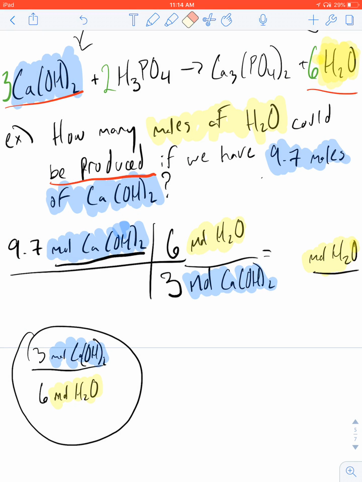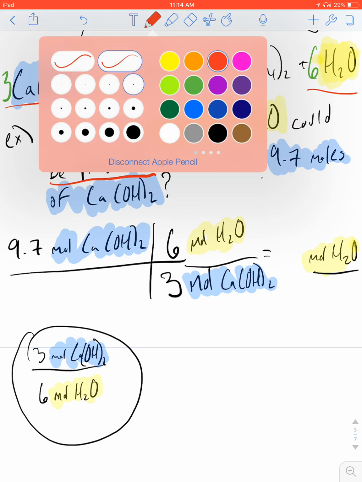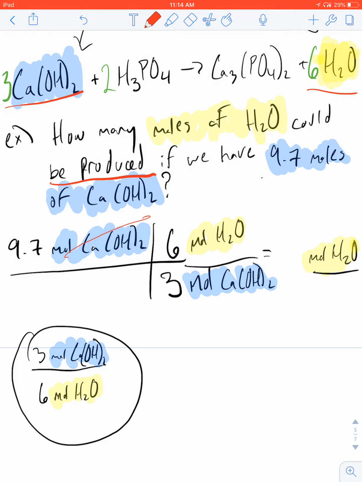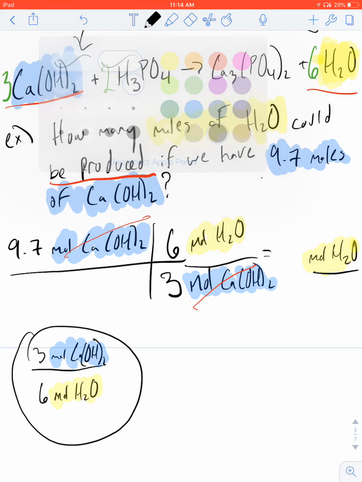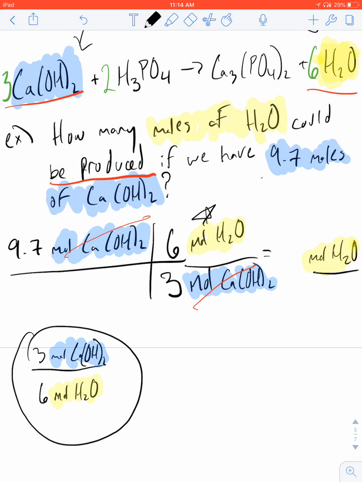So we look at the problem, and we can see that units of calcium hydroxide will cancel out, and we'll be left with units of H2O, which is exactly what we want. So we go ahead and do the math there.